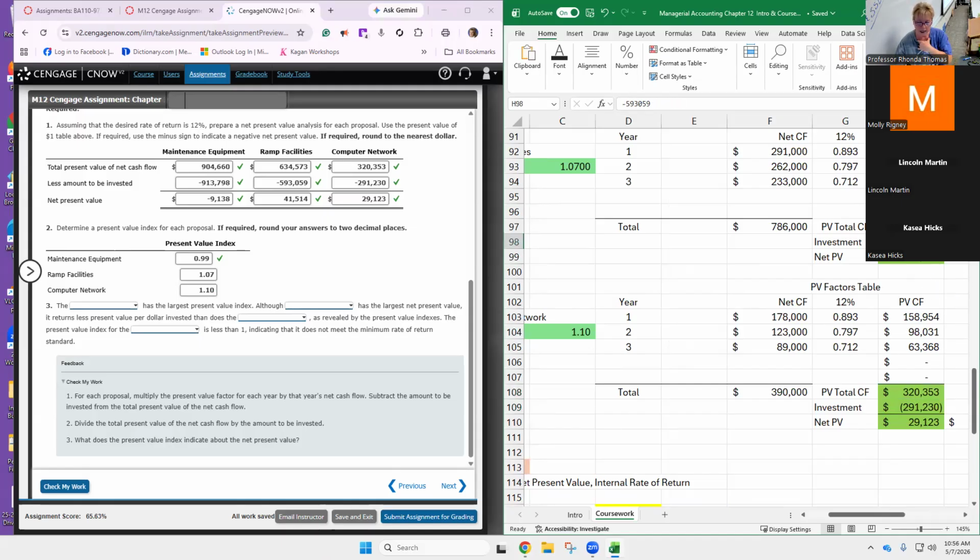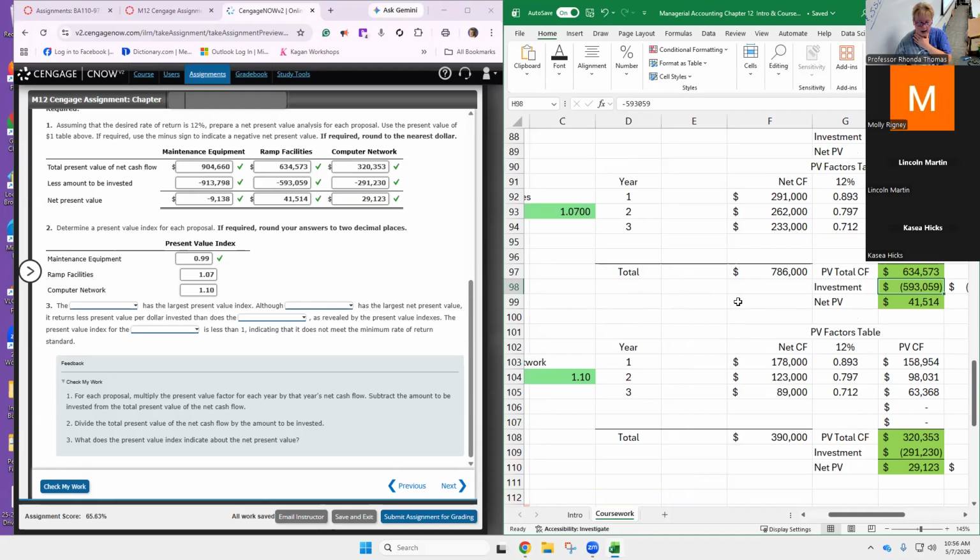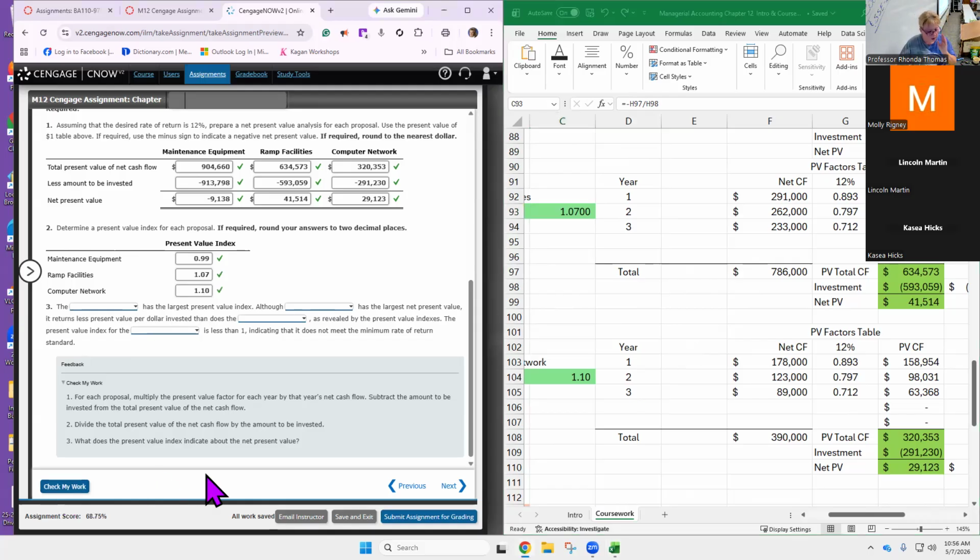Every $1 invested here in the ramp facility option is only benefiting you $1.07. So you've kind of got 2 conflicting results to try to pick which one to do. But then that's where you start looking at a couple of other things. So let me go ahead and just finish this out.